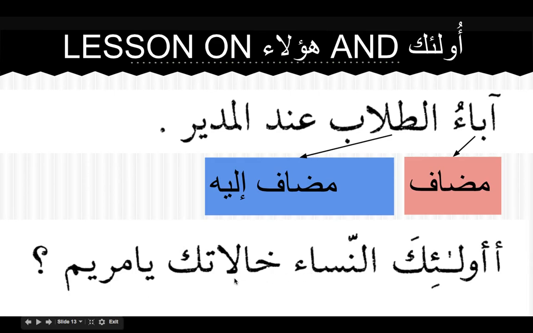Ulaika nisa'u khalatuki? Because here, ya Maryam is addressed to a feminine, we don't say ka, we say ki. Ulaika nisa'u, or these women, khalatuki, your maternal aunts, ya Maryam, O Maryam. So khalatu is mudaf, and this ki is mudaf ilayhi.